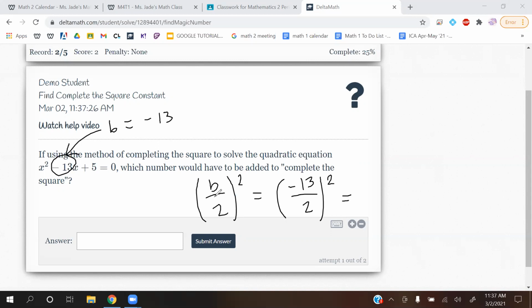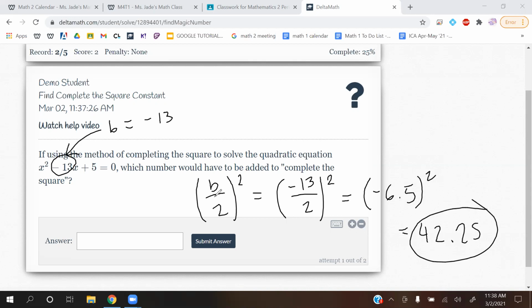And you could type this into a calculator. Negative 13 over 2 is negative 6.5, squared, and that would be 42.25. And you can type this into your answer box.